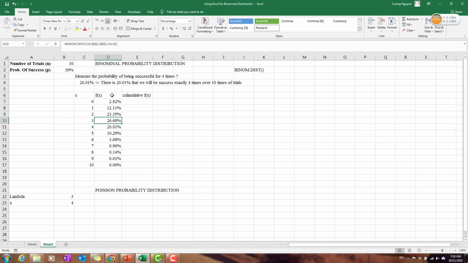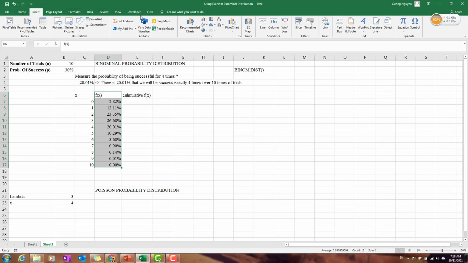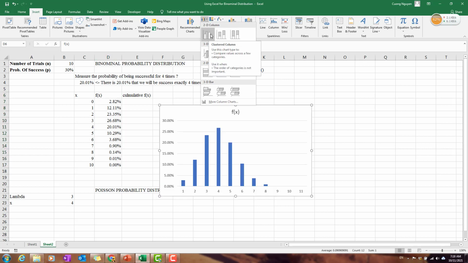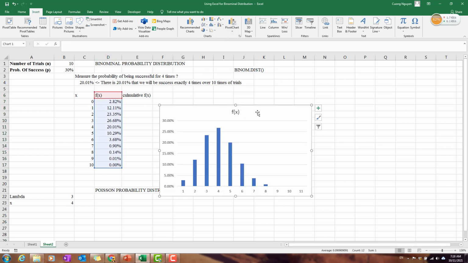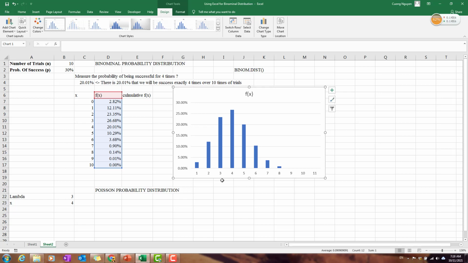We will generate a chart to demonstrate this, a statistical chart. Sometimes it's easy to just generate it with a function like this, and you see the probability of success from 0 to 10 is a little bit different.